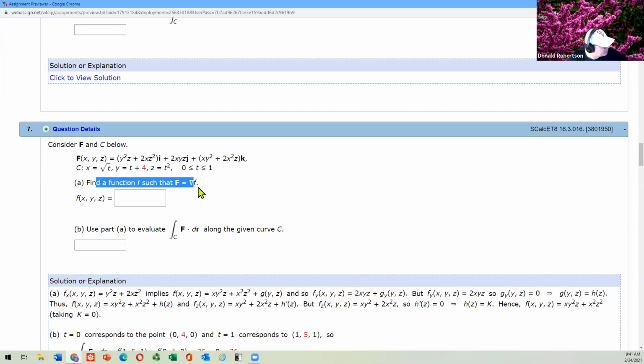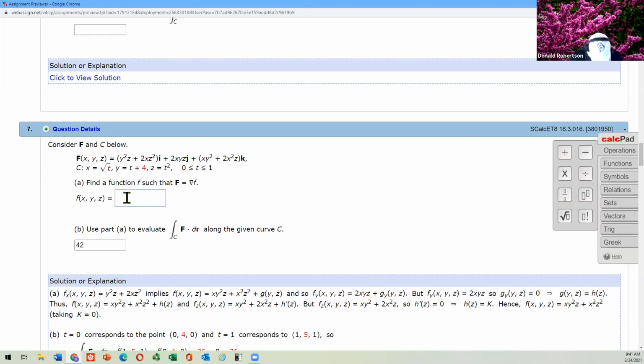Find little f, which is the way they write it down, and then use it to get the work done. In my case, I've forgotten what the number is. Pretend it's 42. It's my favorite number anyway. And in here, you type in x, y squared, and all the good stuff that we found. So that's how that question was phrased.